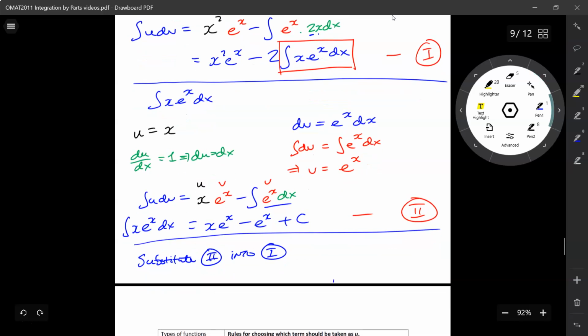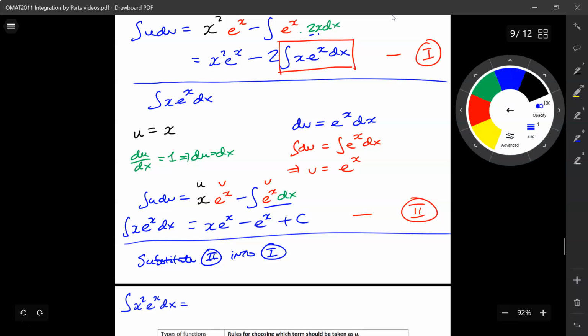So that tells me that the integral of x squared times exponential x dx is equal to, and I take it from up here, x squared exponential x minus 2, and then I open up a set of brackets and get the minus 2 from up here, and then I put in the result that I got here, the integral of x exponential x dx.